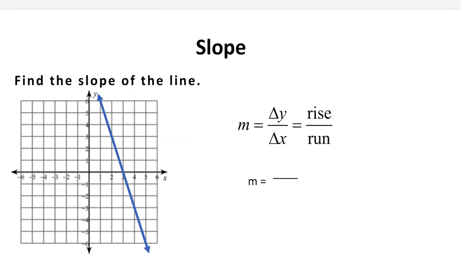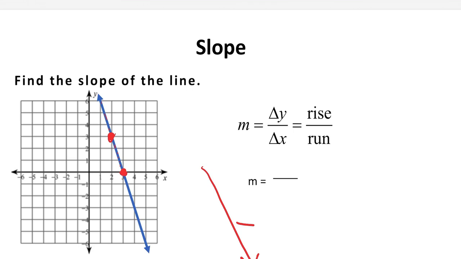Let's look at this one. All right. It's going down from left to right, which means it is negative. So we're going to find our points. Let's go down, down, down. Here's one. Oops. Here's one. Then we go down, down, down, down. Here's another one right here.